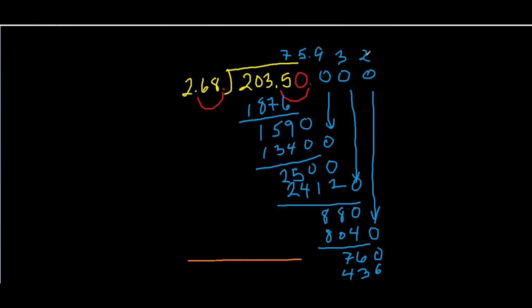So because it's a 2, we'll just talk about rounding. We want to round to the nearest hundredth. And that's this number here. Okay? That's this number here. So 75.932, you know it's going to be 932 something.